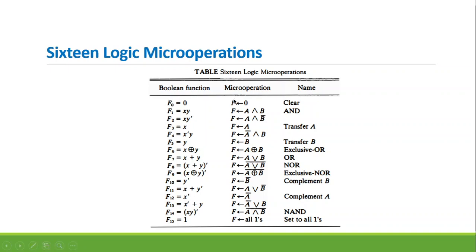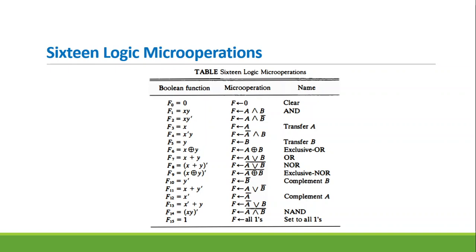If we consider that the binary contents are stored in the two registers A and B, each bit of the register is treated as a binary variable, and the microoperation is performed on the string of bits stored in the registers.